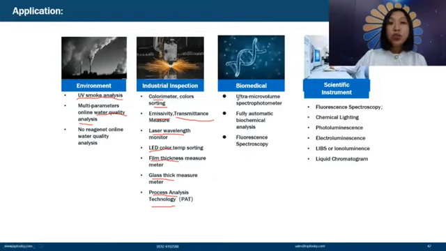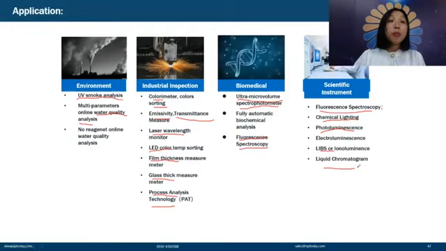We have a ultra micro volume spectrophotometers, and also fluorescence spectroscopy. And scientific instruments, we have fluorescence spectrometers, and we have chemical lighting and photoluminescence and LIBS and the liquid chromatogram.